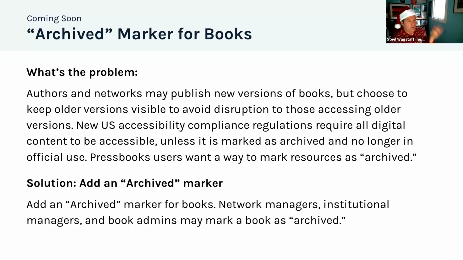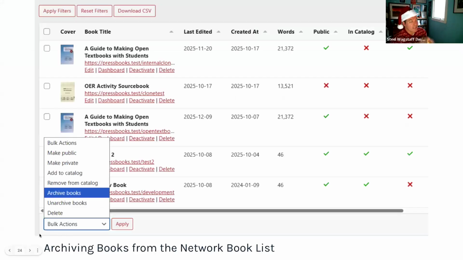And so the solution that we're coming up with is going to be to add the ability for network managers to mark a book as archived. Network managers can mark the book as archived. And if they do, if you go to the next slide, this is kind of the interface here. In the book list, you have the ability to mark a book as public and to put it in your catalog, those two columns.